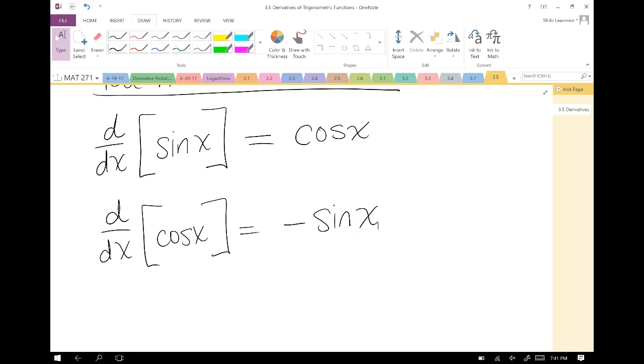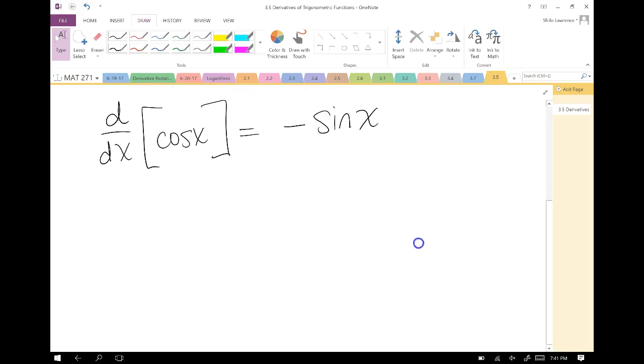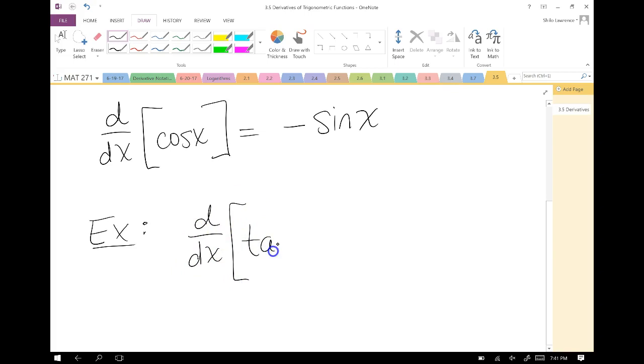So these 2 we just absolutely need to know, that the derivative for sine is cosine and the derivative for cosine is negative sine. So if we want to find the derivative for some of the other trig functions, and I'm not going to go through this whole process for all of them, but for example, if we want to find the derivative for tangent, well, you should have learned in trigonometry class that the other 4 trig functions can all be written in terms of sine and cosine.